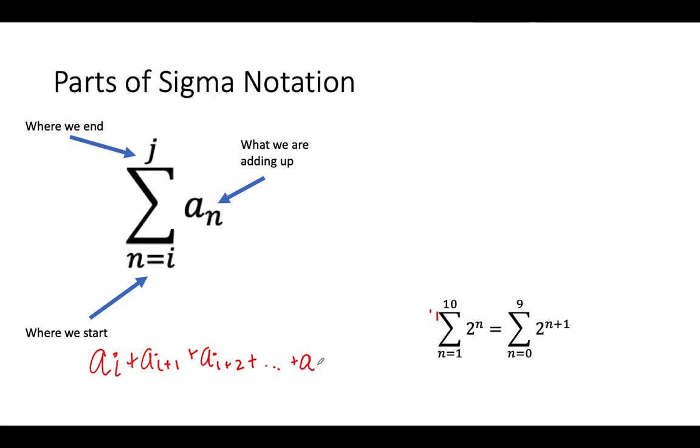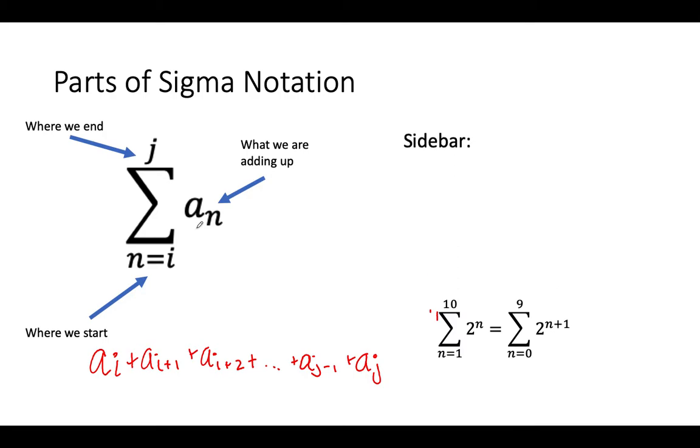So I can say a sub j minus 1 plus a sub j. So don't stress if this is kind of confusing, but what we need to know is this is where we start, this is where we end. We're going to go up by 1 value each time until we get to our end, and we're going to add up these values. You'll get some practice in the next slide.